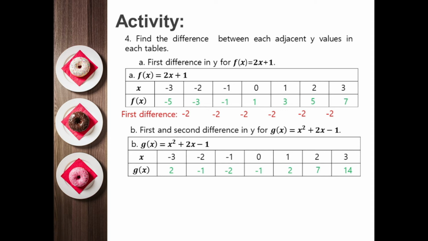For the second table, we're going to find the first difference in y for g of x is equal to x squared plus 2x minus 1. So we have the first difference, 2 minus negative 1, we have 3. Negative 1 minus negative 2, we have 1.